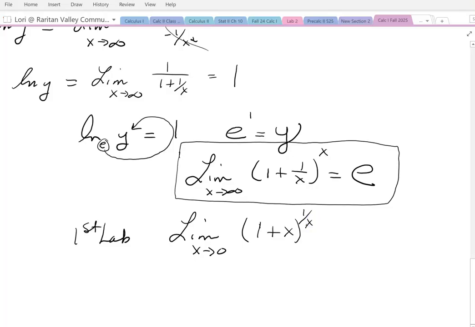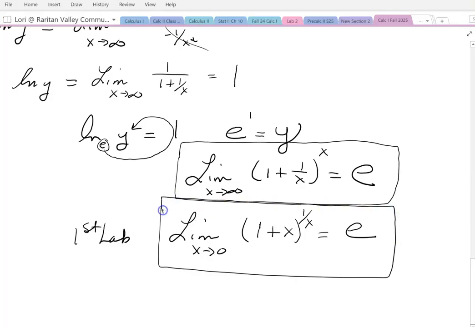I had you do it numerically on the lab, where you just plugged in a bunch of numbers, and what you found is it came out to approximately 2 point blah, blah, blah. And I asked you on that lab, do you know what this number reminds you of? And it was e.